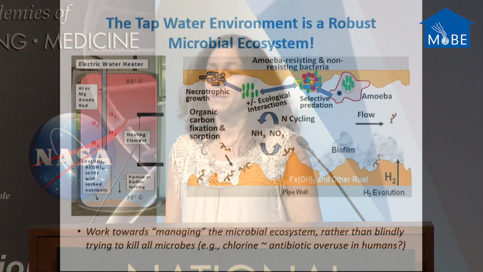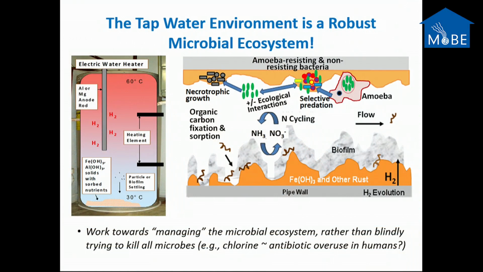And so all this is to recognize that the premise plumbing environment is a robust microbial ecosystem. You have all sorts of interesting things going on. This is a pipe cross-section, so slimy biofilm, here are your amoebae preying on the bacteria.